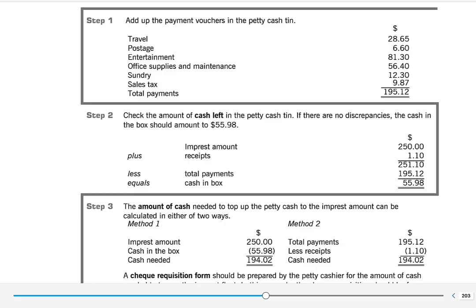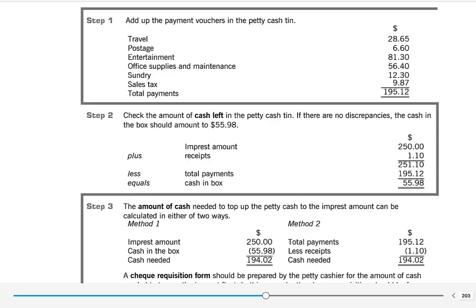Now let us add them one by one. Start with travel. Total equals $28.65. Now add postage. $28.65 plus $6.60 equals $35.25. Now add entertainment. $35.25 plus $81.30 equals $116.55.